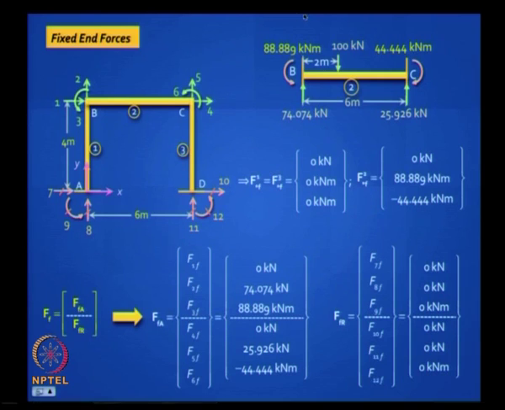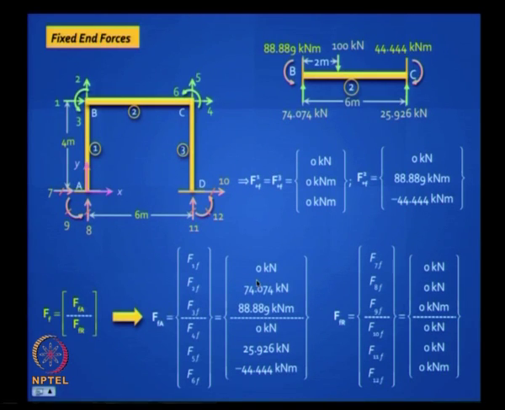Now look at this, 88.89 matches with this force F3F, and this 44.44 matches with 6. So 3 and 6 get those numbers, but then you have a degree of freedom here 2 going up and 5 going up, that is where you put 74.04. Is it clear? And it's positive, both are positive.